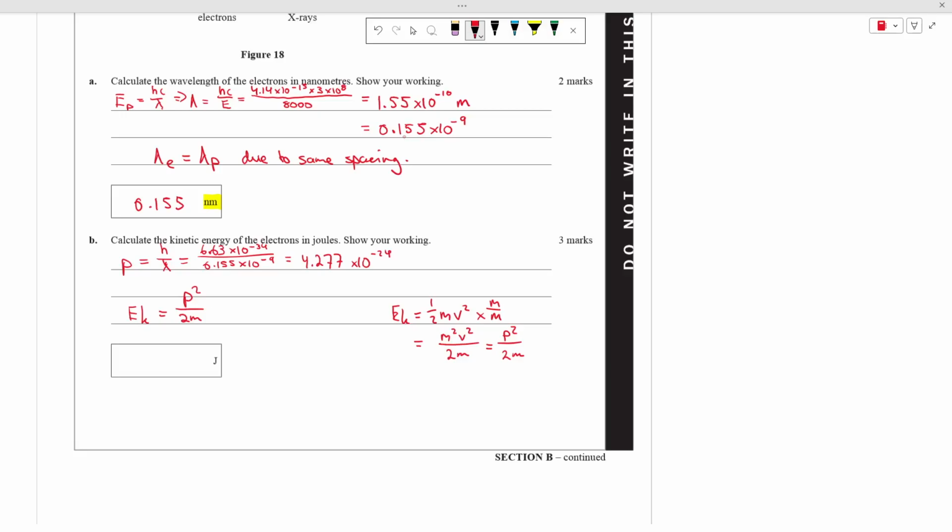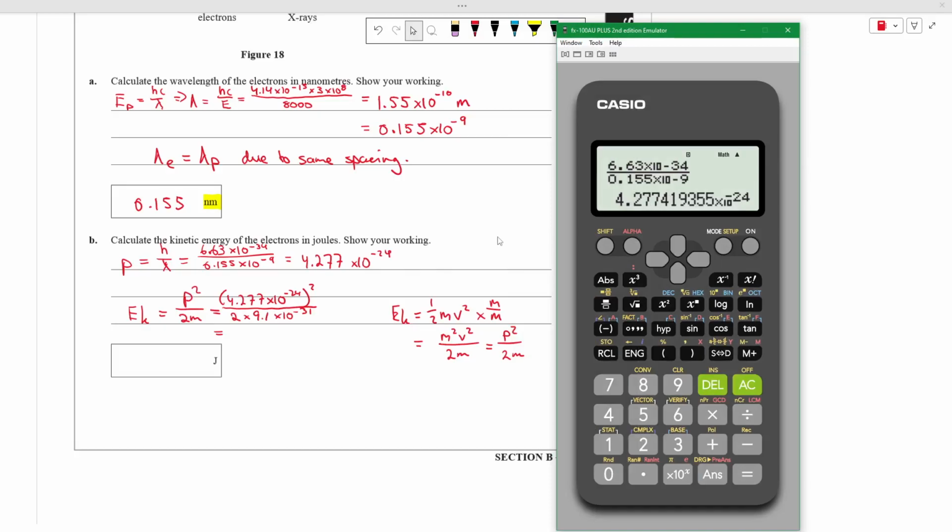So we can just chuck our momentum straight into that without calculating the velocity, so 4.277 times 10 to the negative 24 squared, and this is talking about the electrons, so the mass of an electron is 9.1 times 10 to the negative 31, which gives us, I'll just square that because I've rounded it here, but if it's on my calculator, I'll just square it.